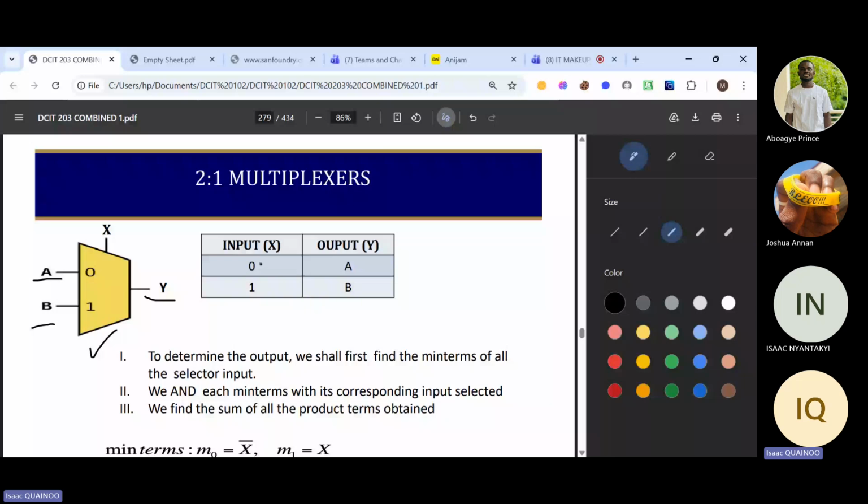In the first case, 0 is S prime, and then 1 is going to be X. If the selector is 0, data line 0 will be selected, which is A, and if it is 1, data line 1 will be selected.